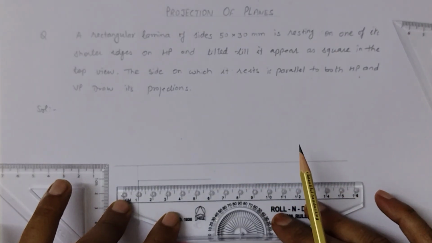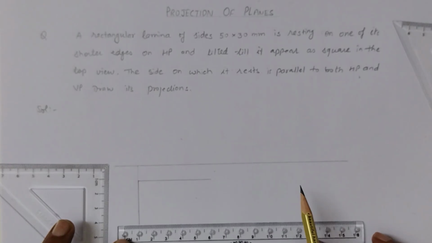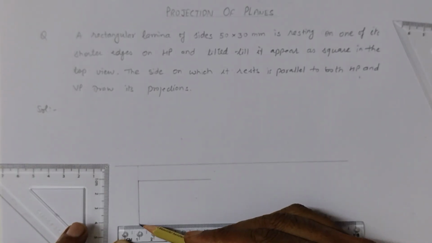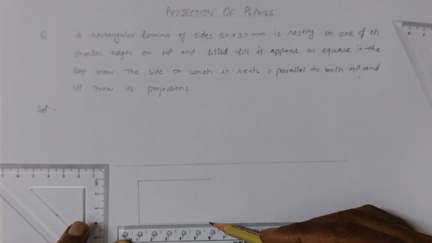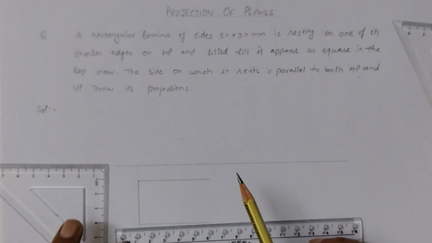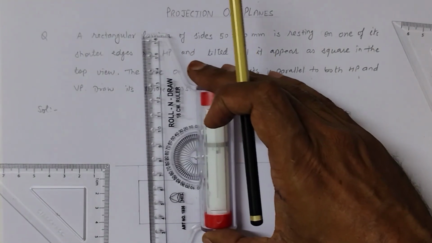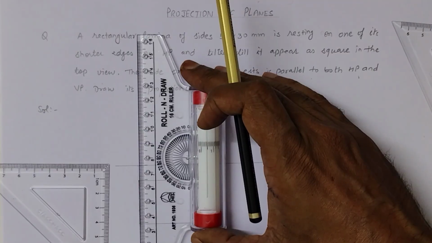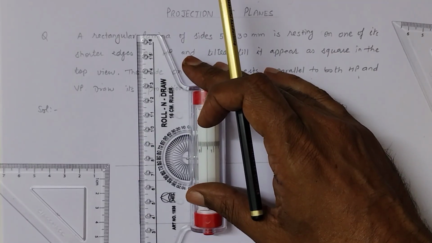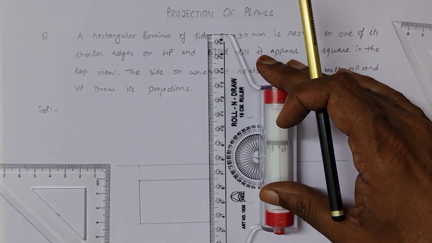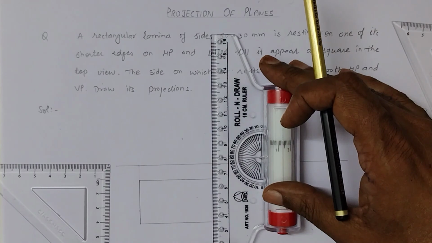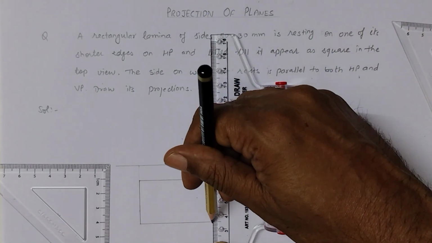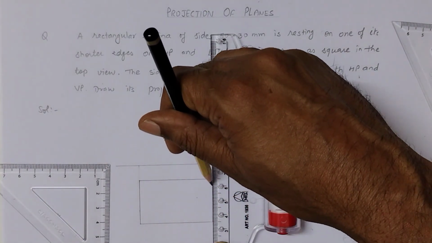And similarly, the distance parallel we take as 50. Now through these end points, draw the projector line as we just drew here.